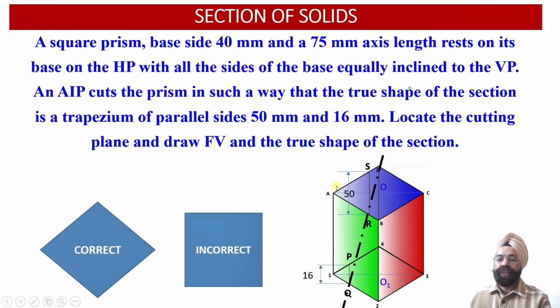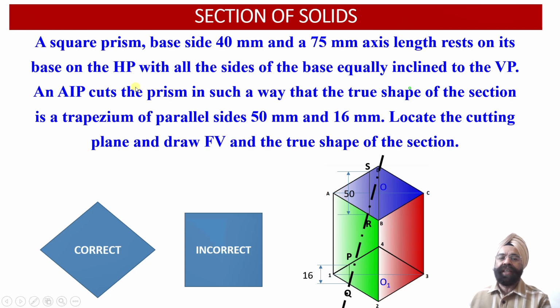Now we also observe that point O is the axis point which lies on the top face of the square prism. Point O1 is the axis point which lies on the base of the square prism.